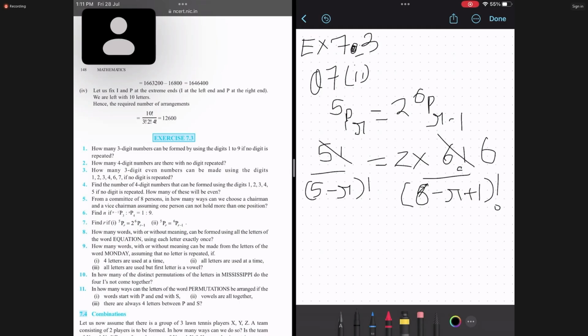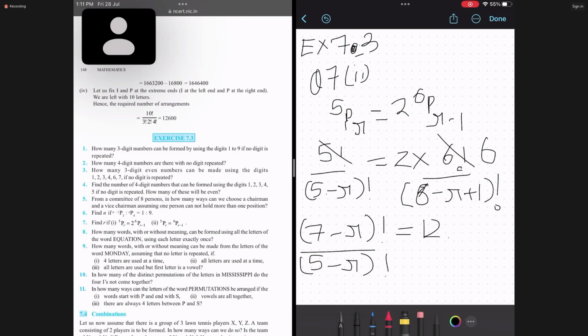This becomes just 6, and subsequently what you are left with is 2 into 6 equals (7 minus r)! upon (5 minus r)! equal to 12. Correct.